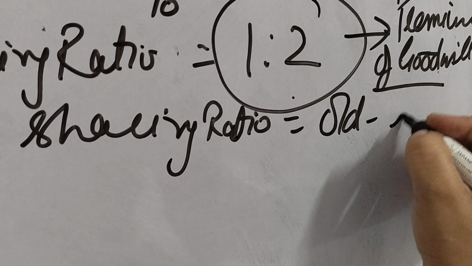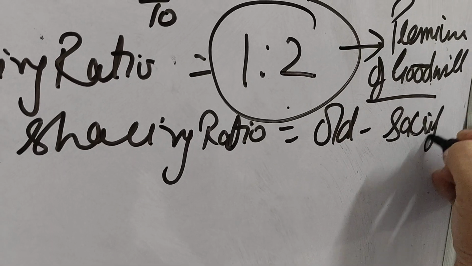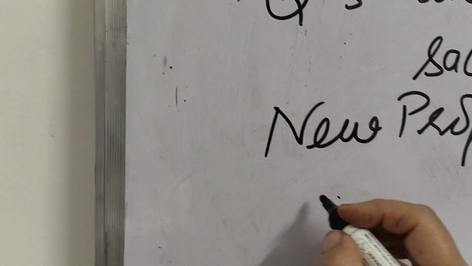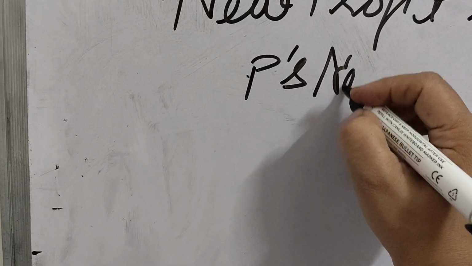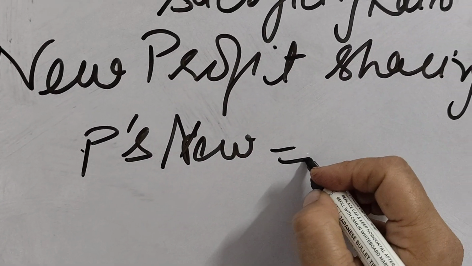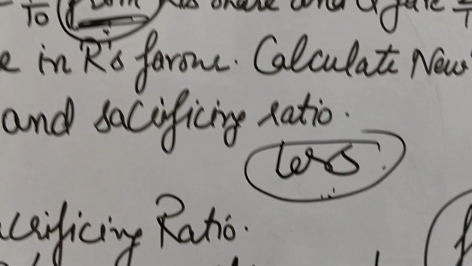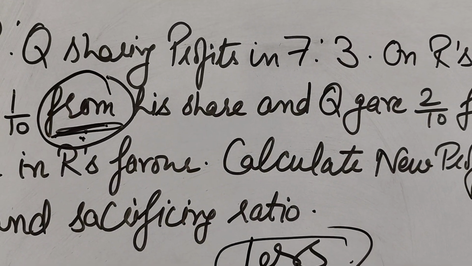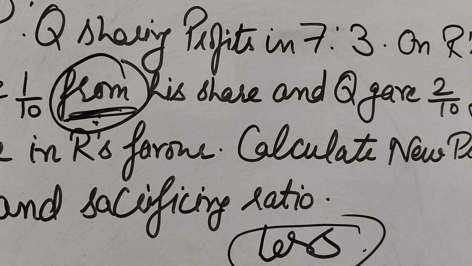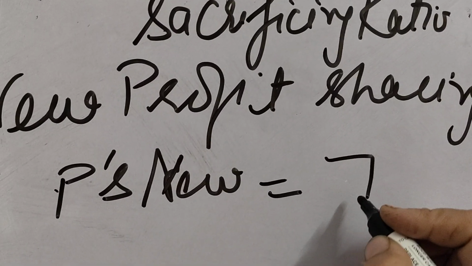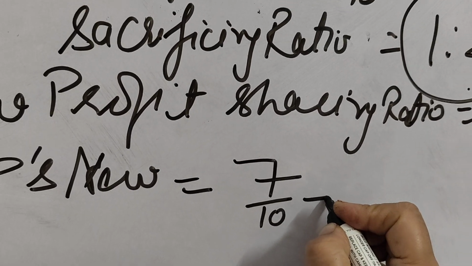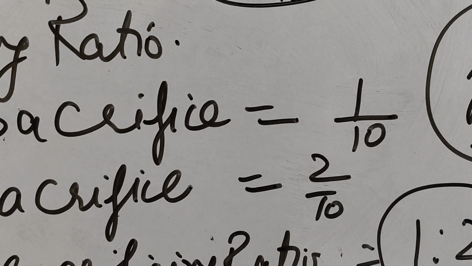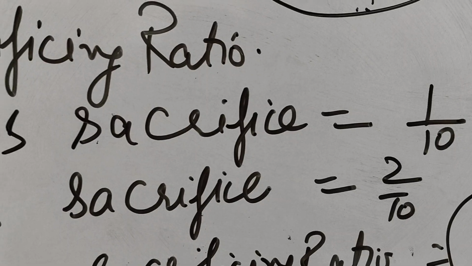old minus sacrifice. Now the new ratio is to be calculated. P's old ratio, when we started the question, it was 7 is to 3. So that means P's old ratio was 7 by 10 minus his sacrifice, that was 1 by 10.